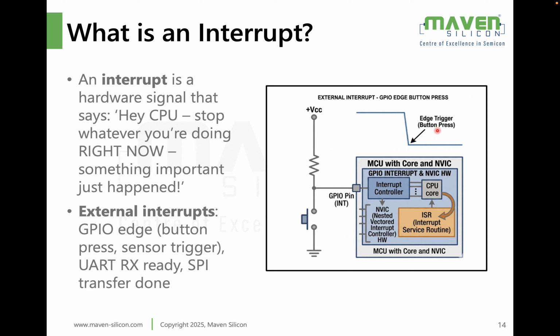Now the MCU, that is the microcontroller unit, comes with dedicated hardware called the interrupt controller and the NVIC, that is the Nested Vectored Interrupt Controller block. This dedicated interrupt controller hardware is also called external interrupt in STM32.